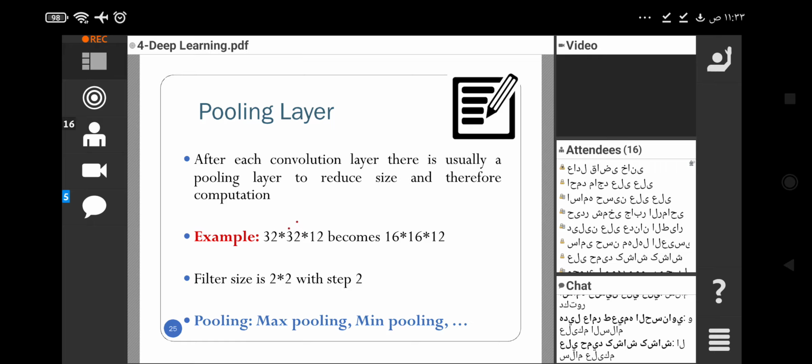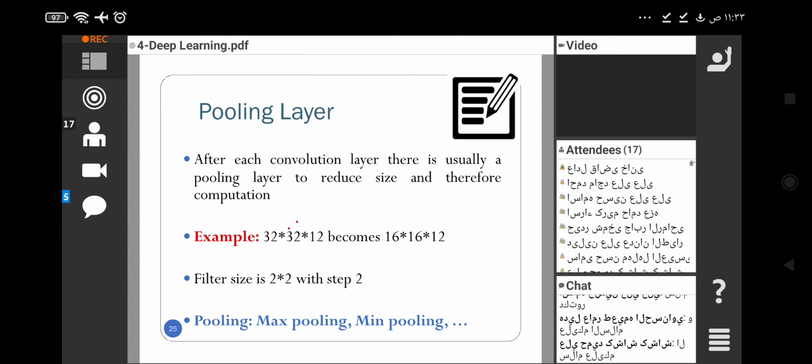We said that the convolutional neural network is a neural network that has two parts, the feature extraction and the classification.